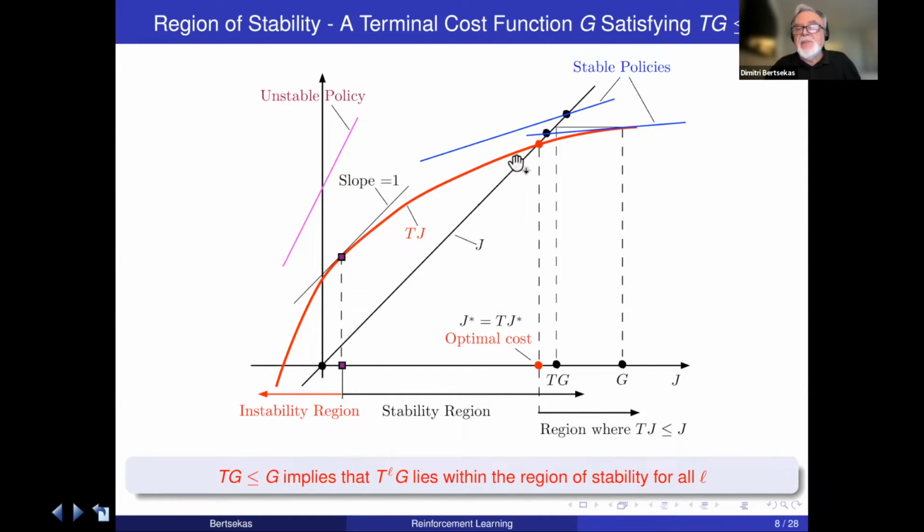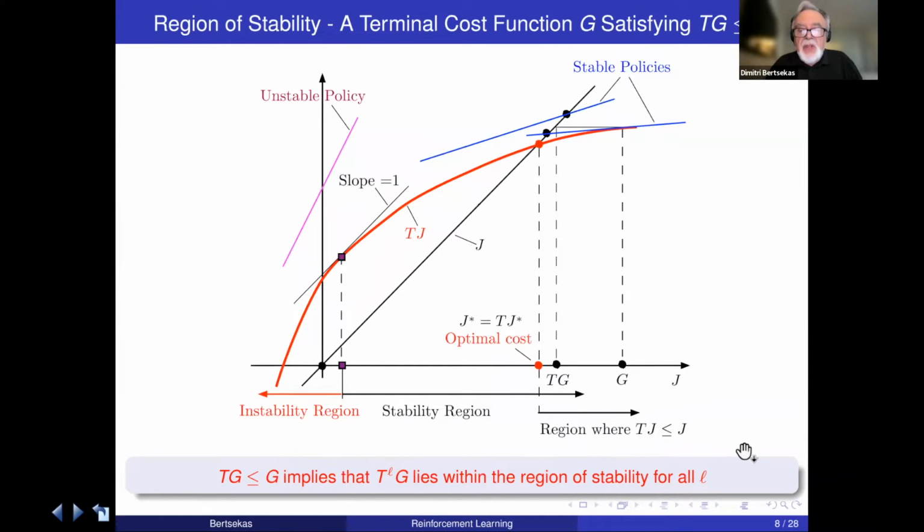All the tangent policies that correspond to points to the right of this have slope less than 1 because of the concavity of the red curve, and all the tangent policies that correspond to points to the left of this threshold point are unstable. They do not intersect the 45-degree line. They have infinite cost, at least for some initial states. So this is the region of stability. And if we pick J tilde within this region, then we are going to obtain a stable MPC policy.